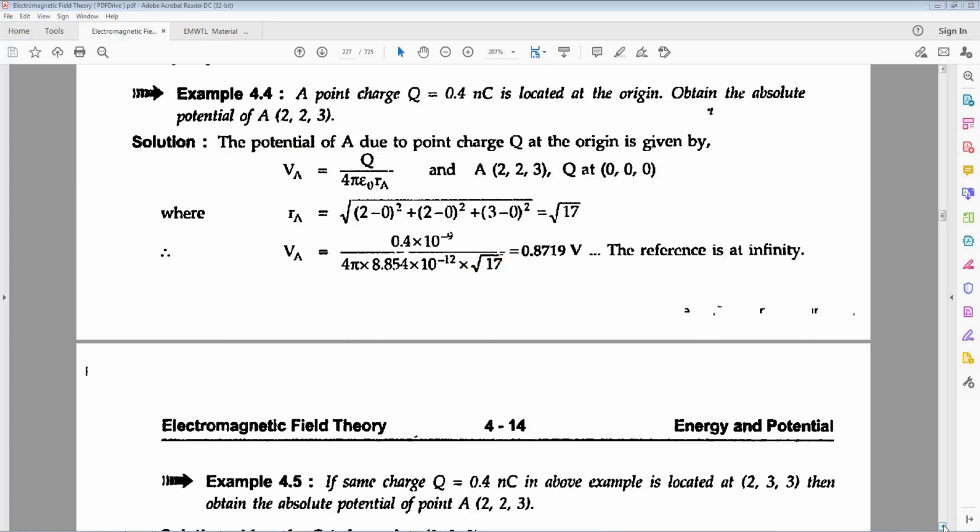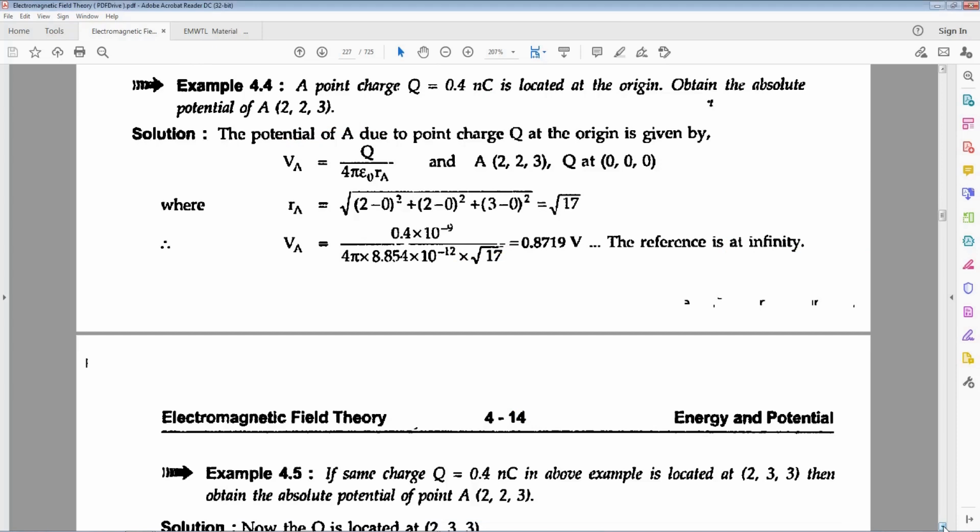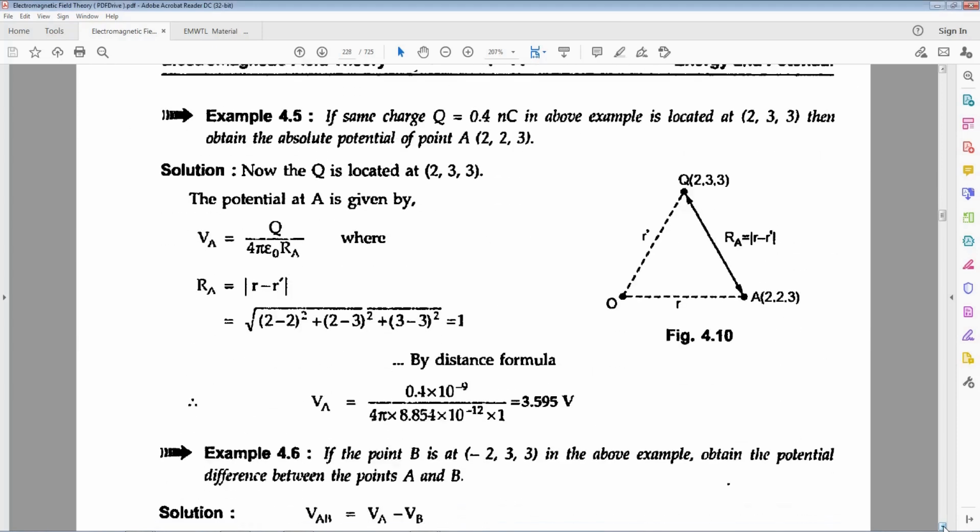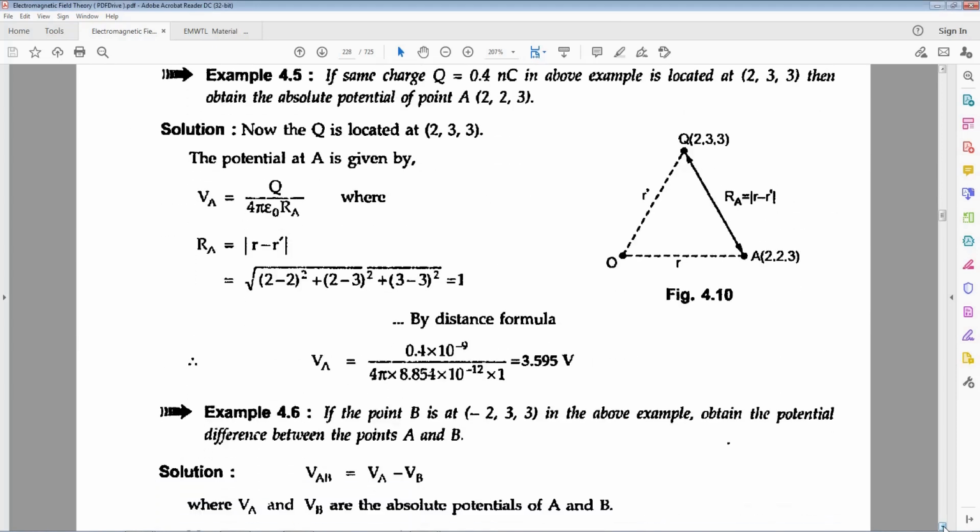Coming to the next example. If a charge Q equal to 0.4 nanocoulombs, as in the above example, is located at 2, 3, 3, then obtain the absolute potential at point A, which is 2, 2 and 3. Previously they took the origin.